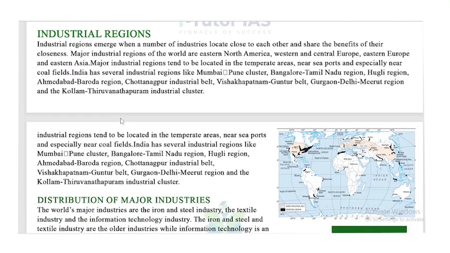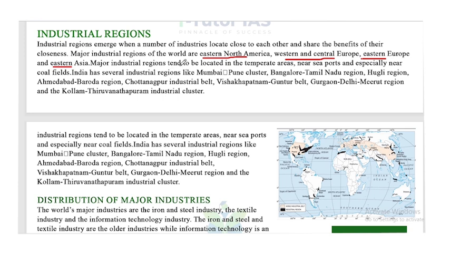Now, industrial regions. Industrial regions emerge when a number of industries are located close to each other and share the benefit of the closeness. Major industrial regions of the world are Eastern North America, Western and Central Europe, Eastern Europe and Eastern Asia.